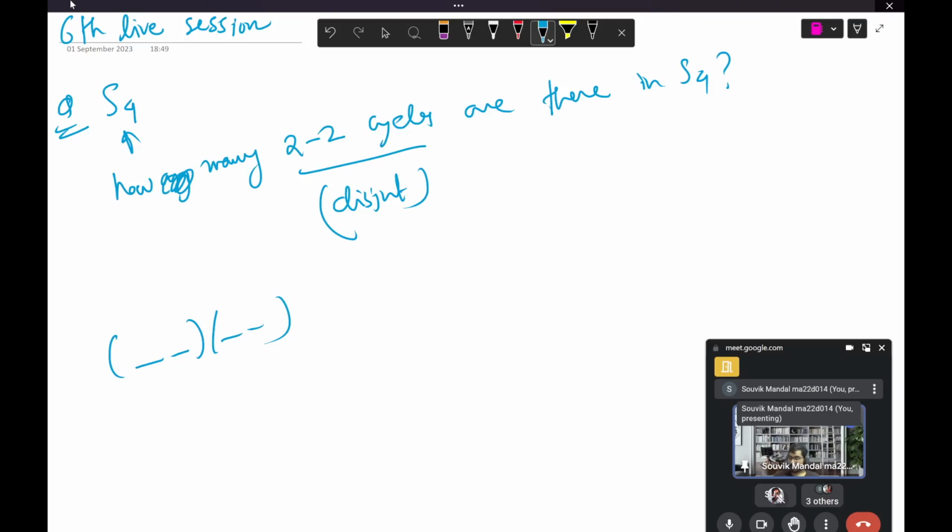Anybody any idea, at least how to do it? Don't hesitate. Please tell me if you have any idea of solving this problem.